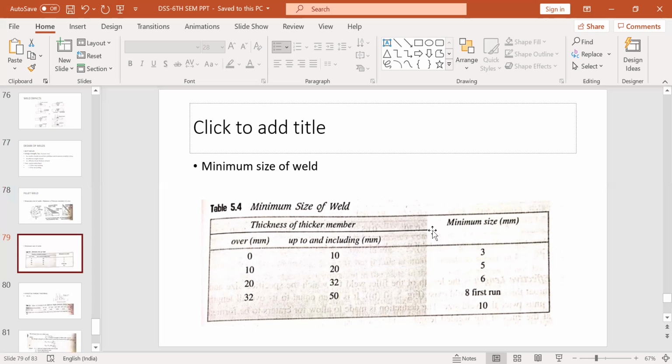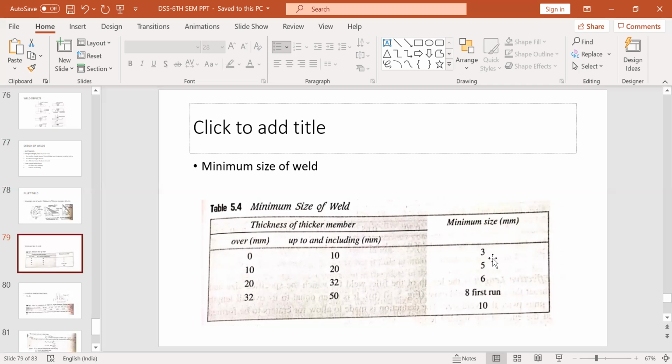So depending upon the thickness of the members to be welded, your minimum or maximum size of weld will be taken. Now, while designing the weld, when you assume the size, you first find out the maximum and the minimum. Take some value in between. Do not take the maximum size or the minimum size. Suppose your maximum size is 6.5 mm as per the thickness, and the minimum size is 5 mm.